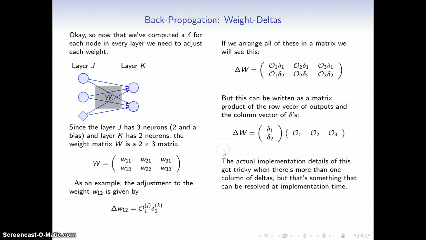The thing that I was alluding to earlier is in the actual implementation details, which I won't talk about here because it's not part of the development of the algorithm, but I'll mention it, is that when we run multiple training cases through, this single column vector of deltas will in fact be many columns. And this list of outputs will be many rows because we'll have one set for each different set of inputs.